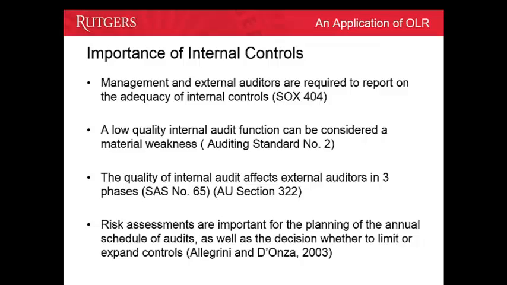Now, that being said, risk assessments are important for several reasons, and they affect annual audits on a micro level. This is the decision to which extent to run substantive testing or to expand the controls testing.